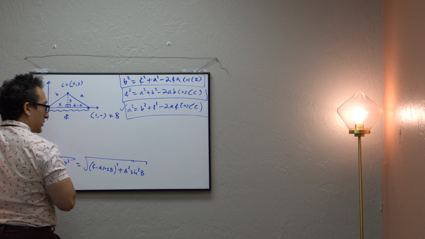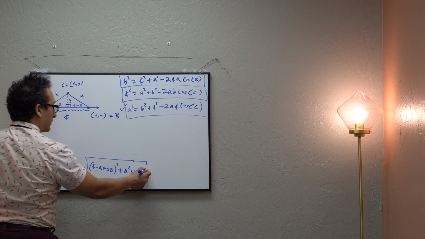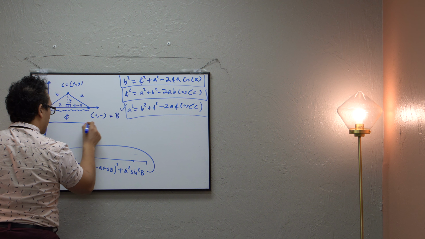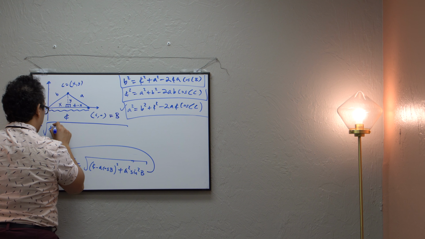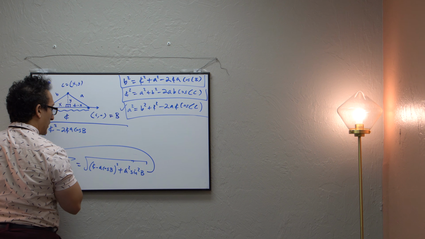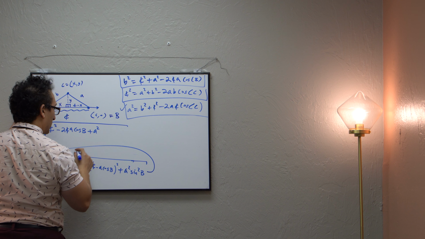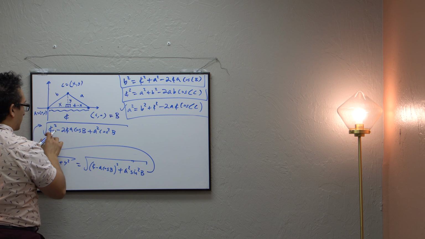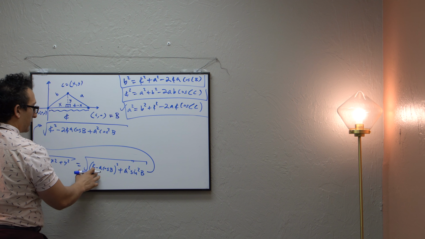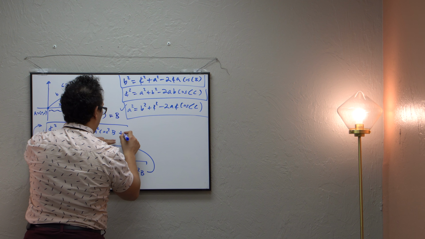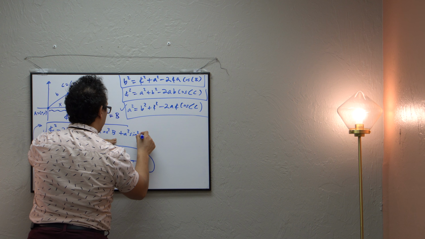Alright, so this will equal the square root of little c squared minus 2 little c little a cosine of B plus a squared cosine squared B. I'm just FOILing this. This times itself is c squared. Then these is the summation of the middle terms. And this times itself is that guy. Plus what we had, a squared sine squared B.